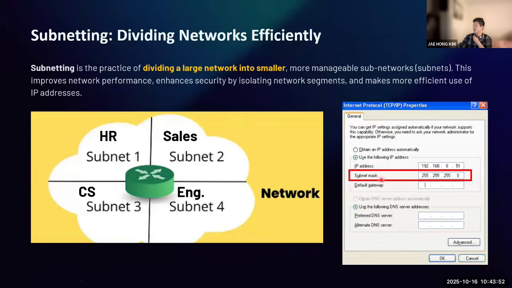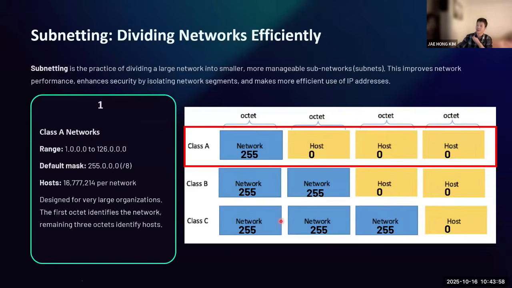This is the subnet mask you can configure, 255.0.0.0. This is Class A in this case. The remaining 3 bytes are all host, so the number of hosts is more than 16,777,214 per network. This is a really, really large network configuration.